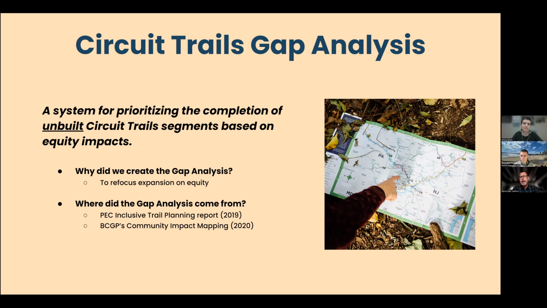We thought about how do we take the information that we have about trail segments and how do we begin to try to drive towards those underserved communities and to try to drive the development of trail miles towards those places that we knew were underrepresented in the circuit trails.